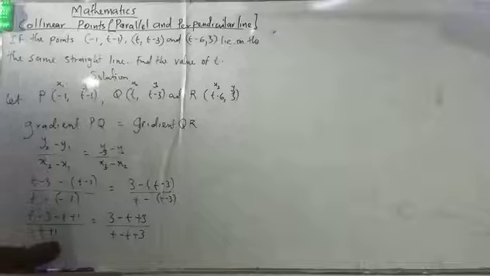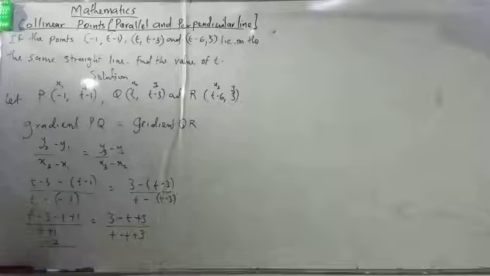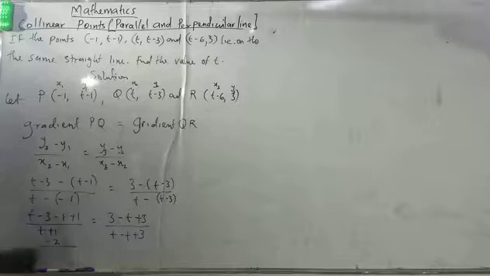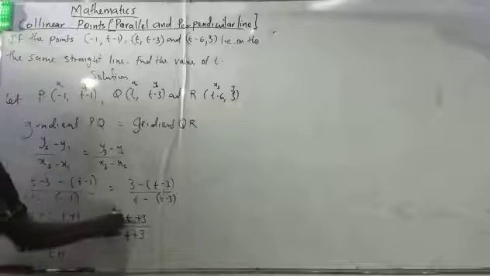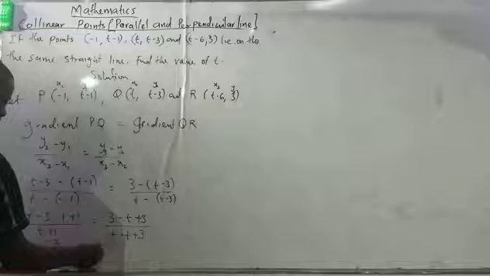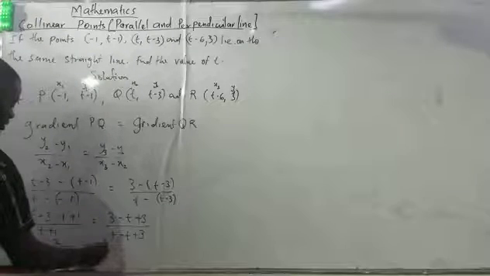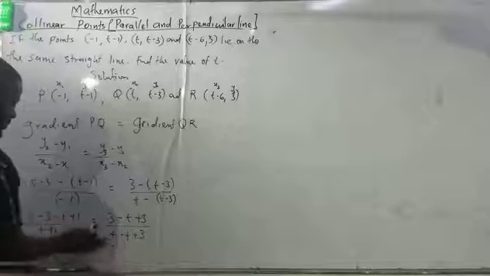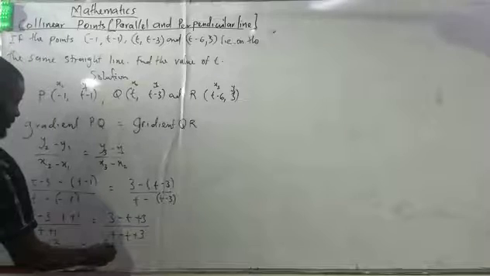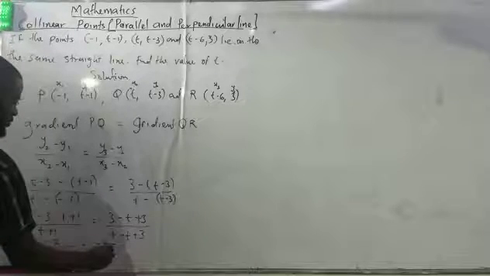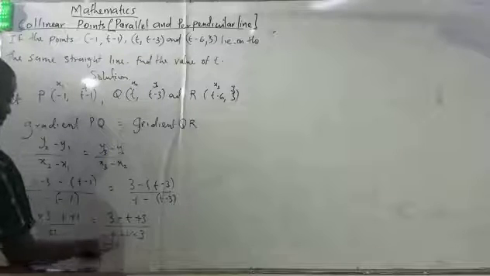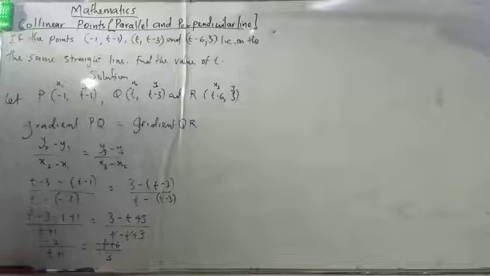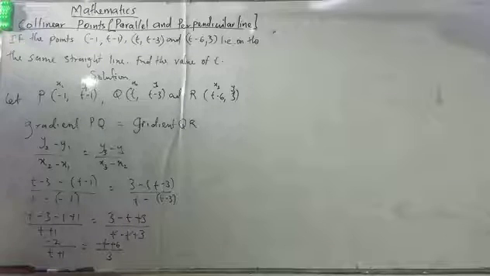Now, naturally, this will cancel this. Here will be minus 2 divided by t plus 1, hope I'm not making a mistake, equals to minus t plus 6 divided by 3, this will cancel this.